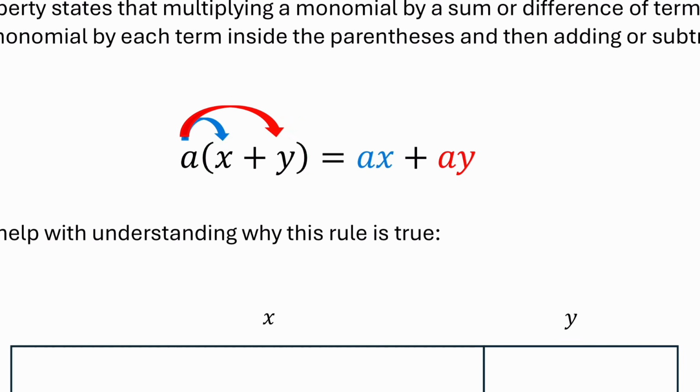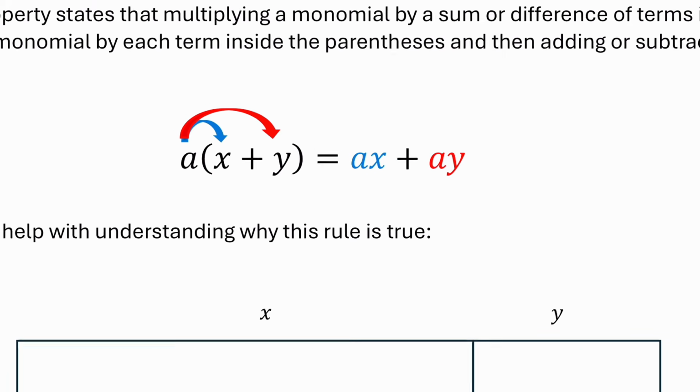To expand and simplify that product, this a has to be multiplied by both terms of the binomial. So we would have to do a times x to give me ax, and then I would have to add the product of a times y, which is ay. And notice when doing this distributive property, so when expanding the product, that gets rid of the brackets. So our resulting expression just looks like this, a times x plus a times y.